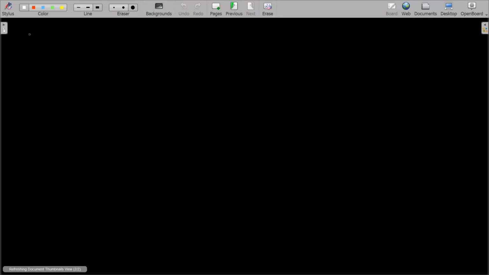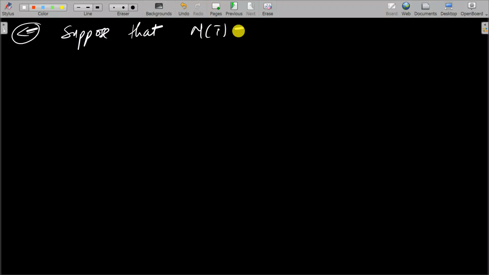Now let's go to the other part. We want to show that if the null space of T is equal to 0, then T is 1 to 1. Suppose the null space of T is equal to just the 0 vector. How do you show that something is 1 to 1?